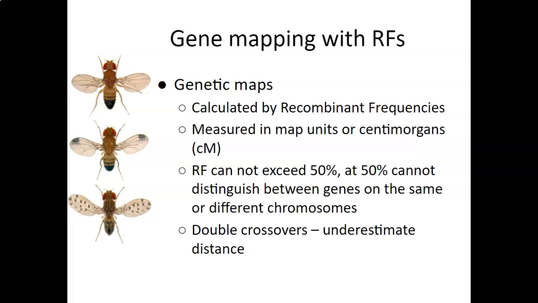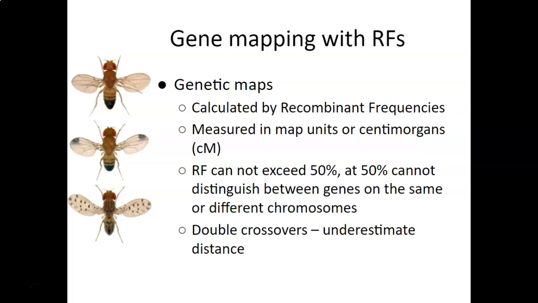It's all 1 to 1 to 1, right? And centimorgans, because scientists love to name things after themselves. So if it's 1% recombinant frequency, it is one map unit and it is one centimorgan. It all equals the same thing. So no matter what language you're using, it is the same exact number. It's just one more way to confuse you.